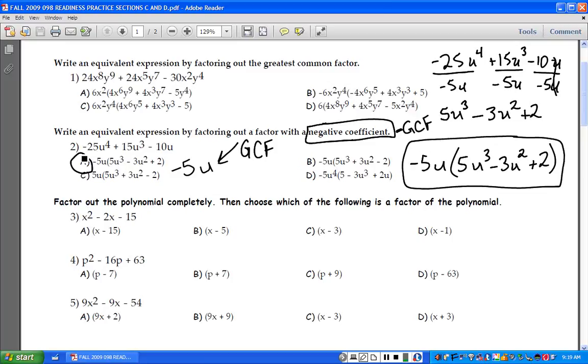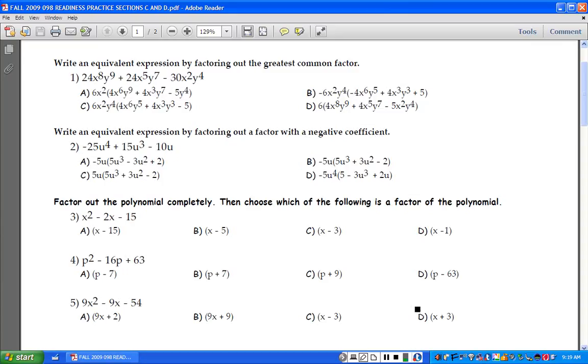And we said the FOIL method is applicable when you're trying to multiply two binomials by one another, and the result of multiplying two binomials in this particular case yields a trinomial. So what we're trying to do with number 3 and the following problems will be to undo these trinomials to get the factors that would initially be used to multiply to get the ending trinomial. Alright, sounds like a lot, but let's see if we can simplify it just a little bit.